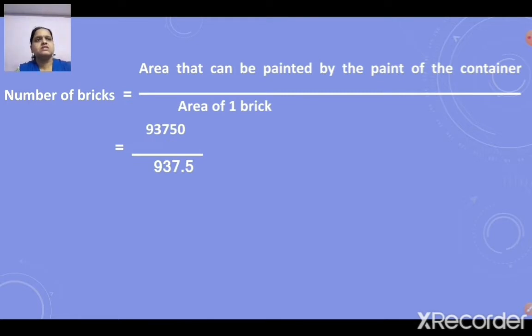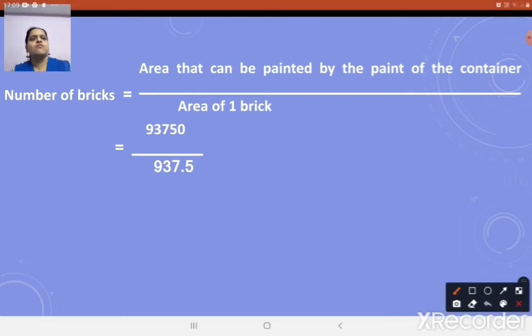93,750. Yes, that is the total area that can be painted by the paint, divided by the area of one brick, 937.5. Now how to divide? Because in the denominator what is given? 937.5, a decimal. We want to remove the decimal point. So what we will do? We will multiply numerator and denominator by 10 to remove the decimal point.